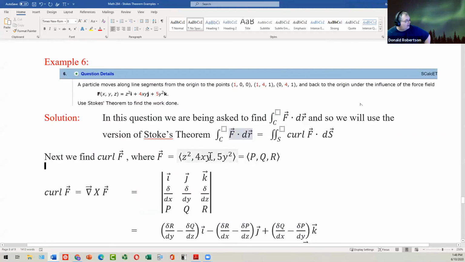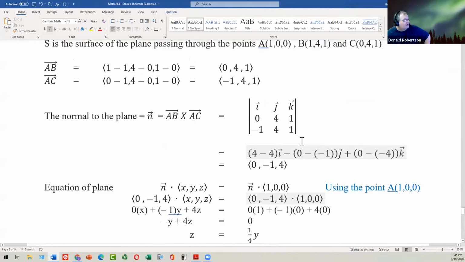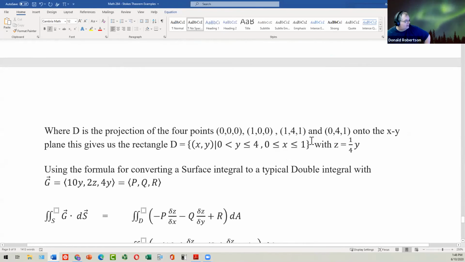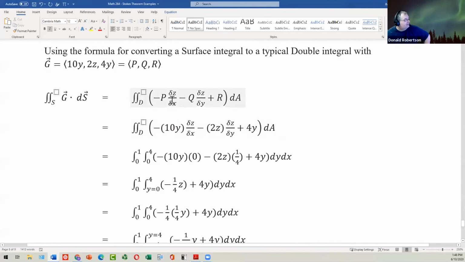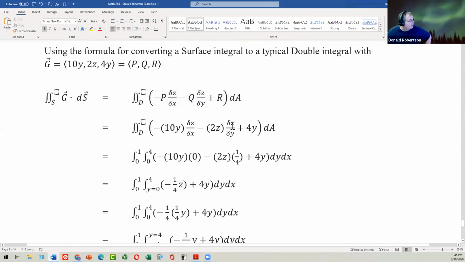The PQR that I used to do the curl is not the same PQR that I've used here. Different PQR. Well, you plug in all the values.